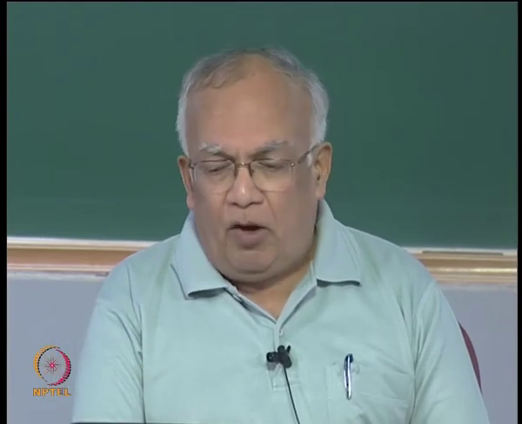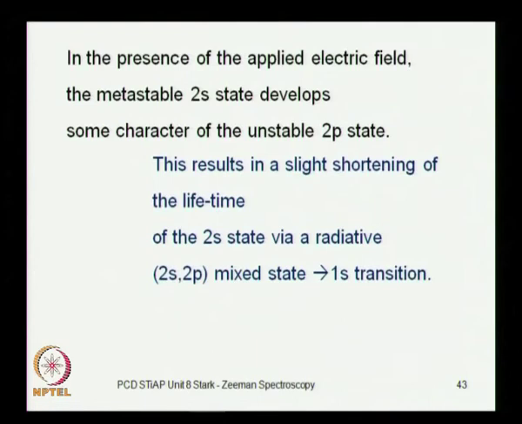So, that is a forbidden transition typically, but because the state is now mixed with 2p, you can have a radiative transition from the mix of 2s and 2p to the 1s, and because this additional radiative decay pathway is opened up, it reduces the lifetime.